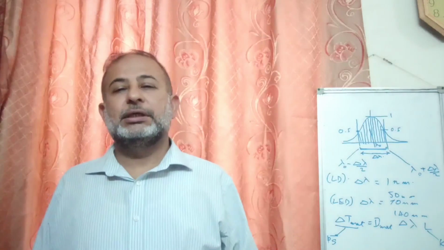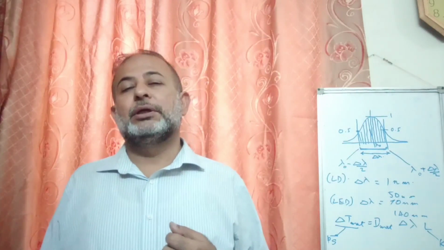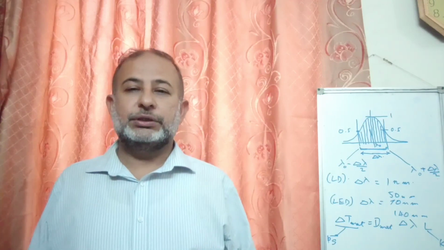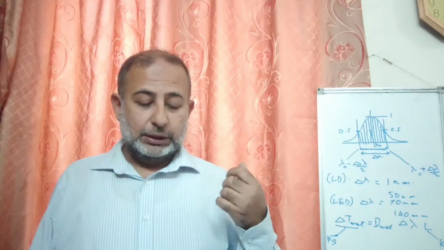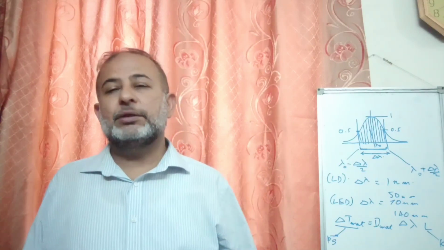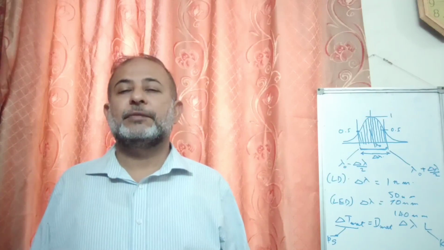For example, in some cases, if the core physical diameter is 8.3 micrometers, then the mode field diameter might be 9.3 micrometers.